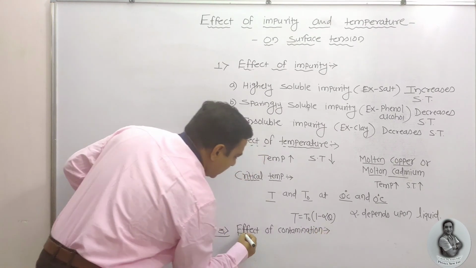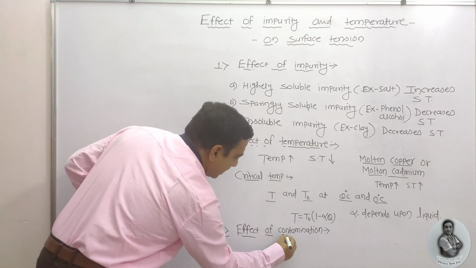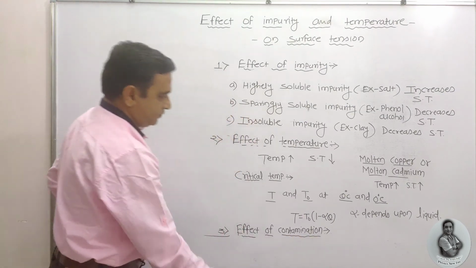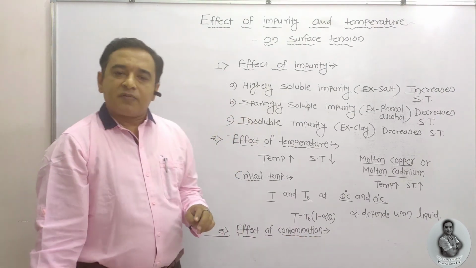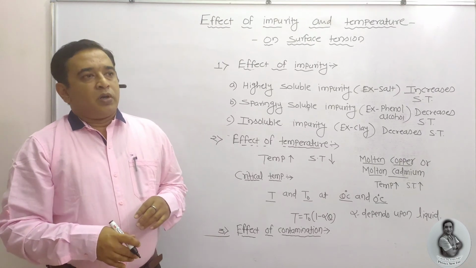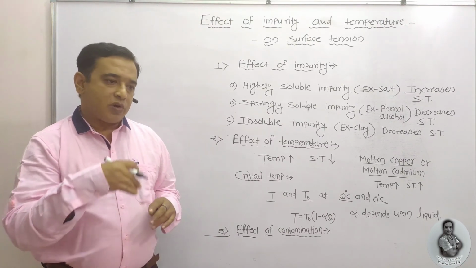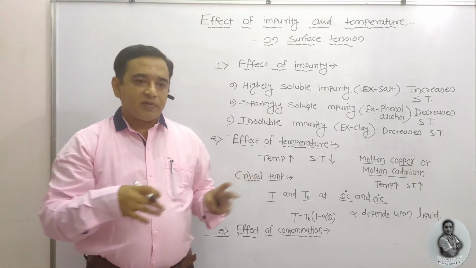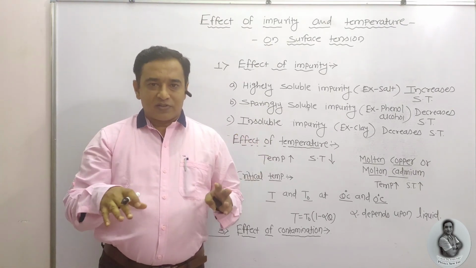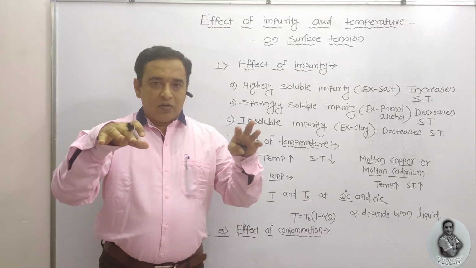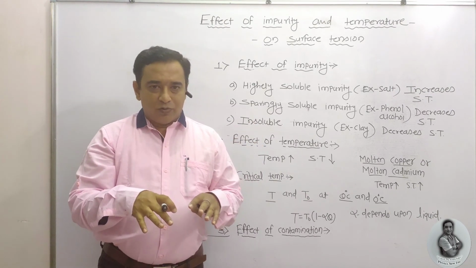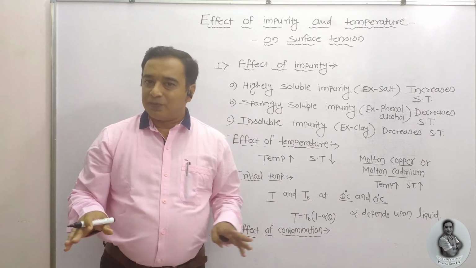Actually, contamination is added at the surface. We know that to minimize mosquitoes, we add some sort of liquid on the surface so that its surface tension decreases, and the mosquitoes cannot settle on the surface of the liquid.